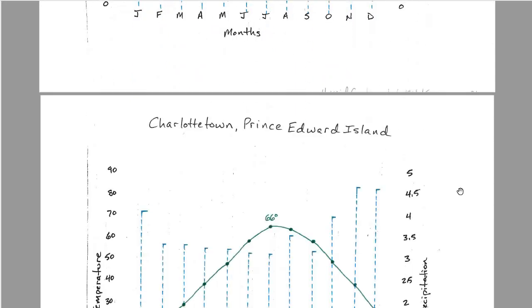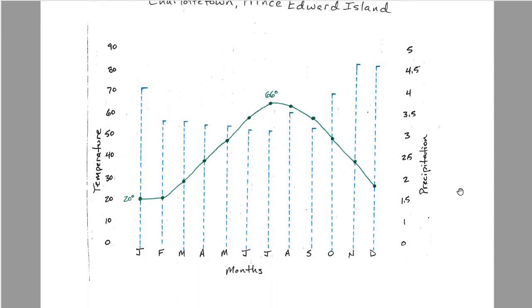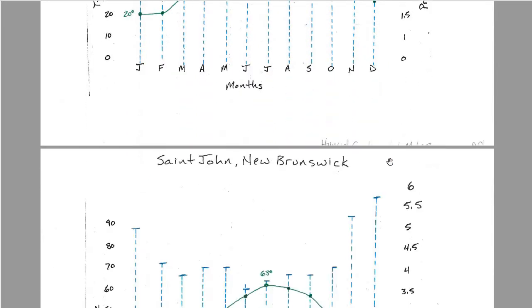If we head over to Charlottetown, Prince Edward Island, we see a similar pattern. D, cold in the winter, full year of rain, not quite as much as Halifax gets, but still a full year of rain, so DF, and then also a cool, mild summer, so a B climate there, DFB, humid continental mild summer.